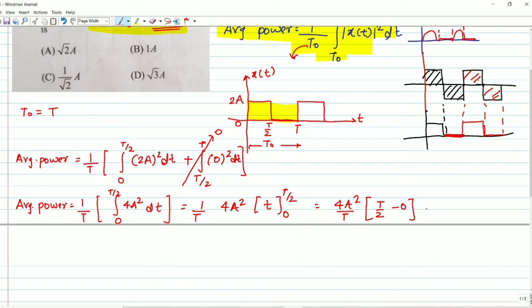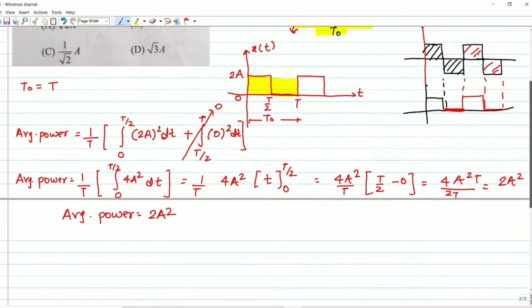Understood? It will be 4a squared T divided by 2T. All of you have understood? It will be 2a squared. We are getting average power equal to 2a squared.